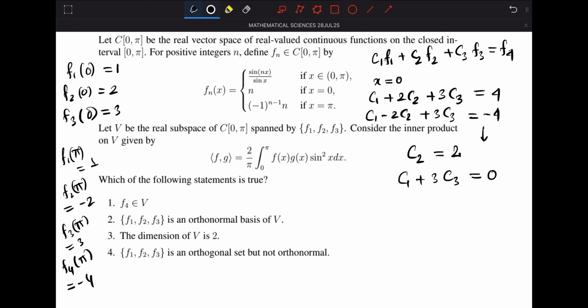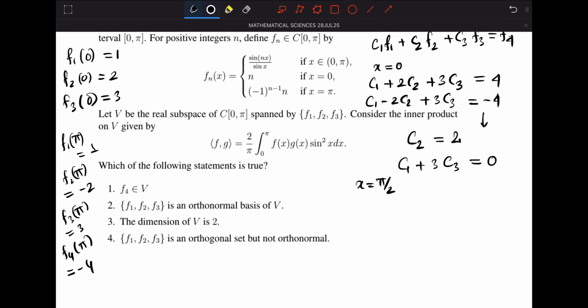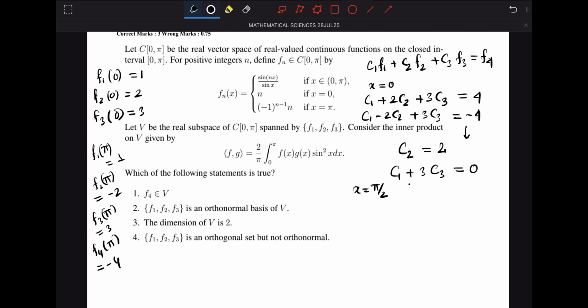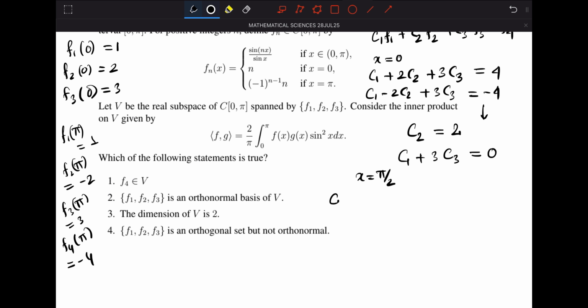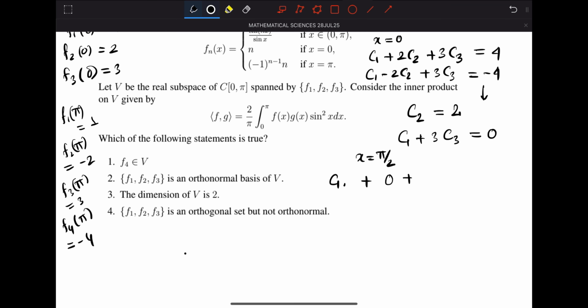Now evaluate at x equal to pi by 2. f1 of pi by 2 is 1, so c1, plus f2 of pi by 2 is 0, and f3 of pi by 2 is sine 3 pi by 2 divided by sine pi by 2, which is minus 1.